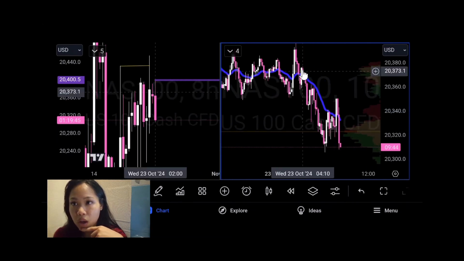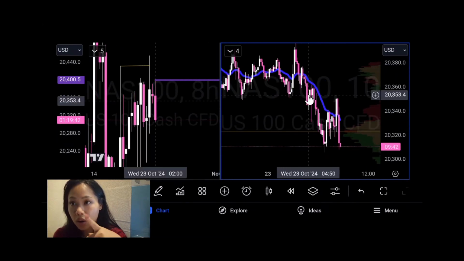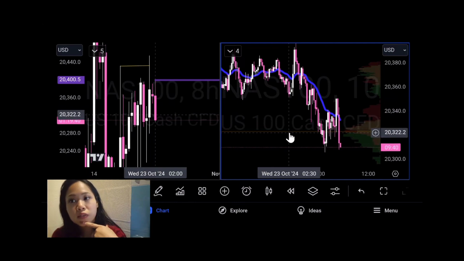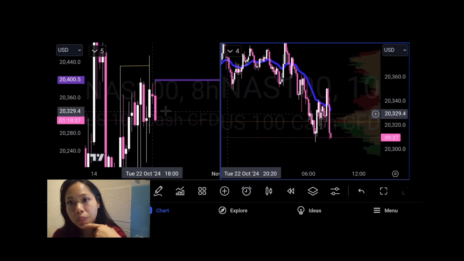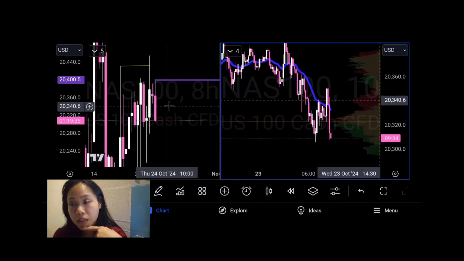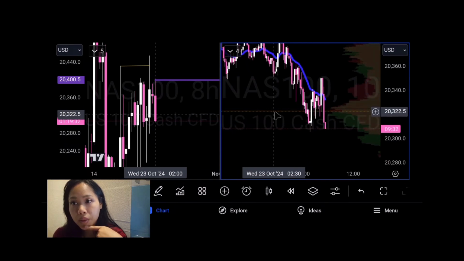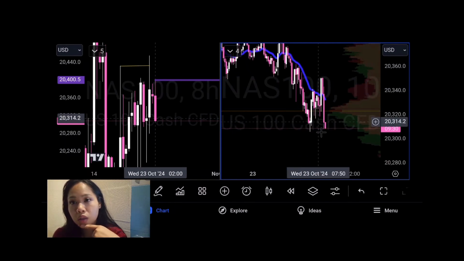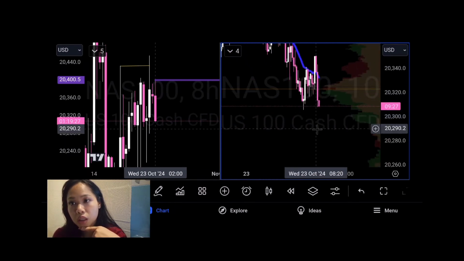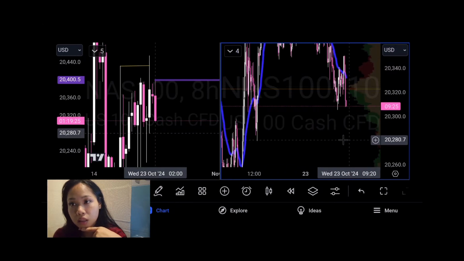So it made sense why price sold into it, and I saw this happen, but I wasn't involved in it because I had a bullish bias because of that imbalance. But right now price is invalidating my bias, and it looks like it could come to this area here.